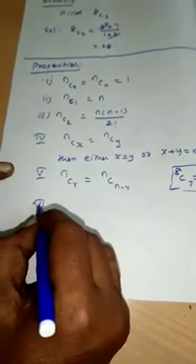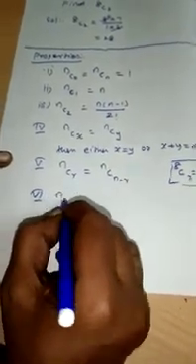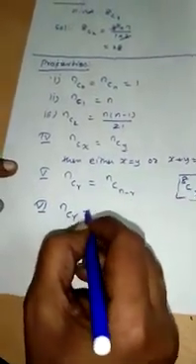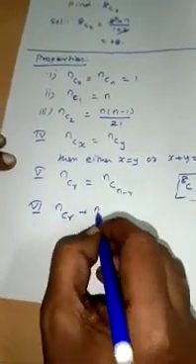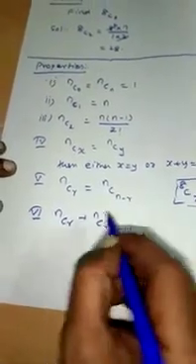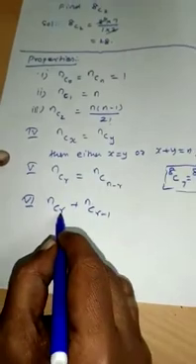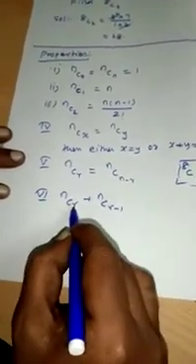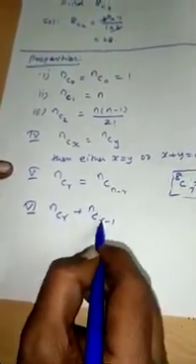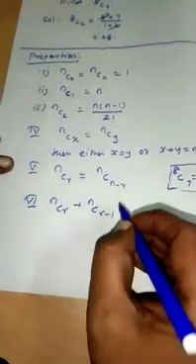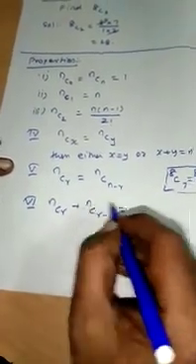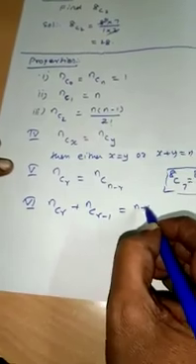Sixth one, nCr plus nC(r minus 1) is equal to, here r minus 1 is 1 less than r, then add 1 here: (n plus 1)C r.